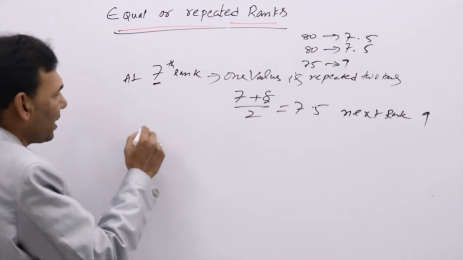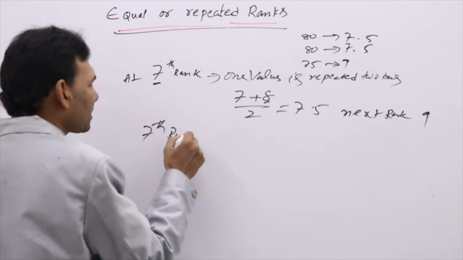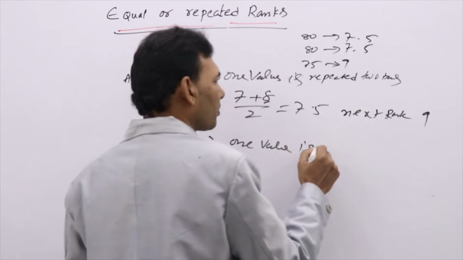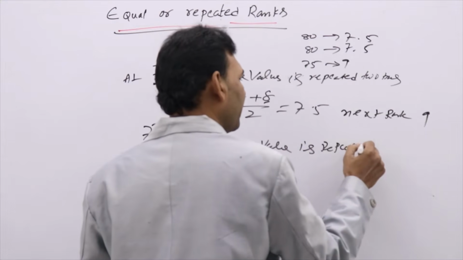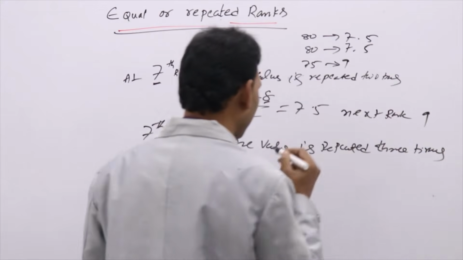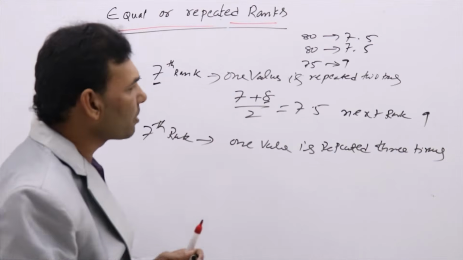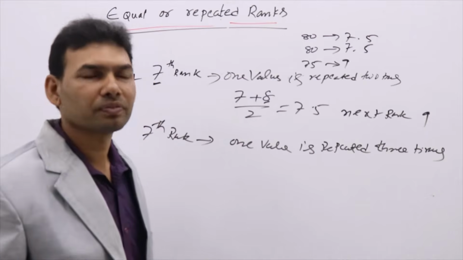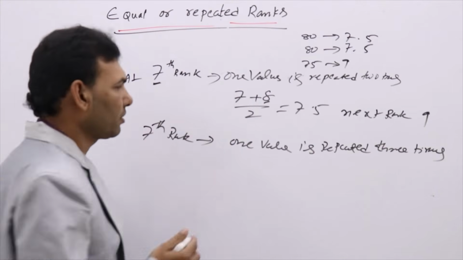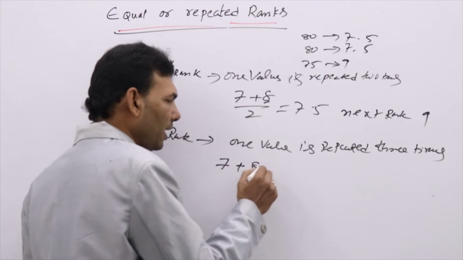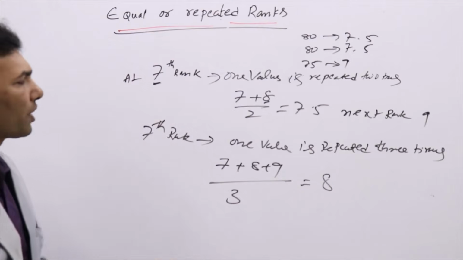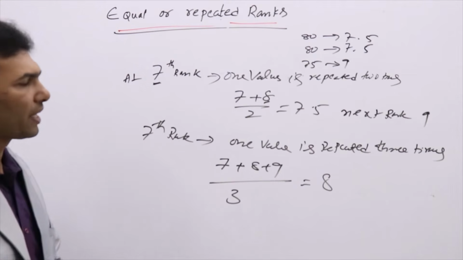For example, in the same 7th rank place, one value is repeated 3 times. When one value is repeated 3 times, then you need to take the average of 3 ranks from 7. That is 7, 8, 9 by 3. You calculate this average and you will get 8.